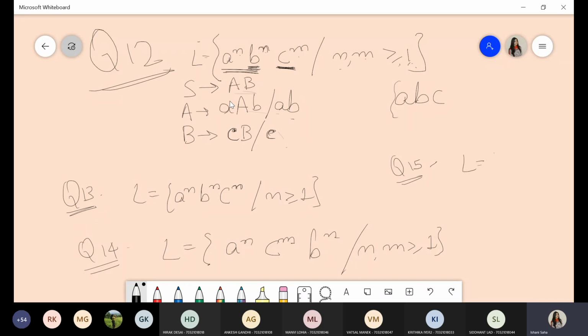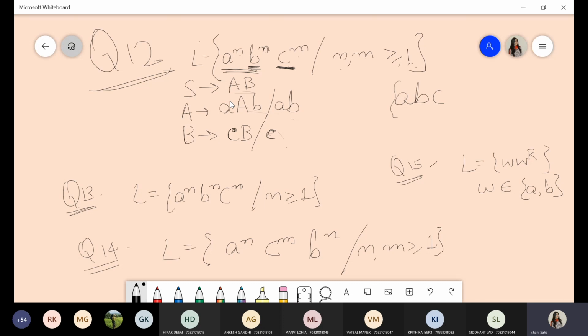You have to write it for this language, w w^R. That is palindrome strings. w is part of {a, b}, that means it is over a, b and it is a palindrome kind of string.